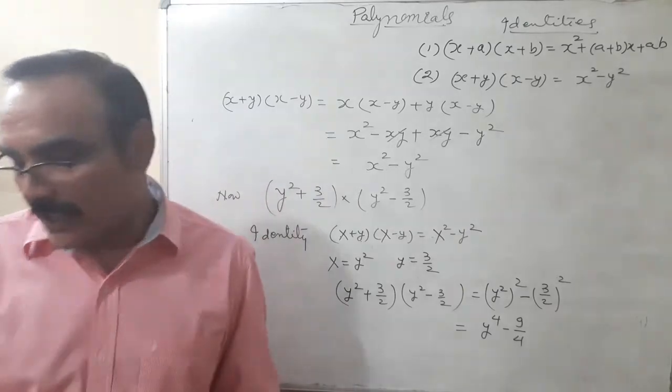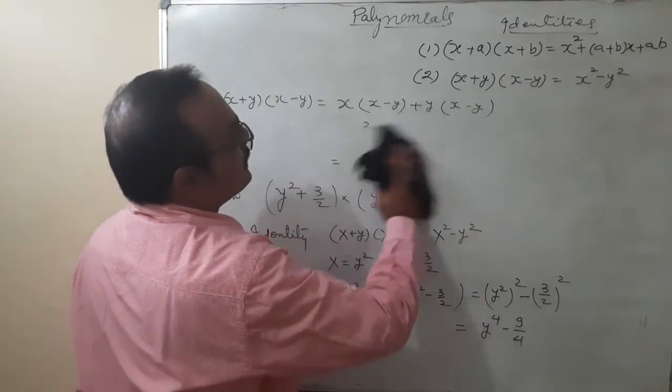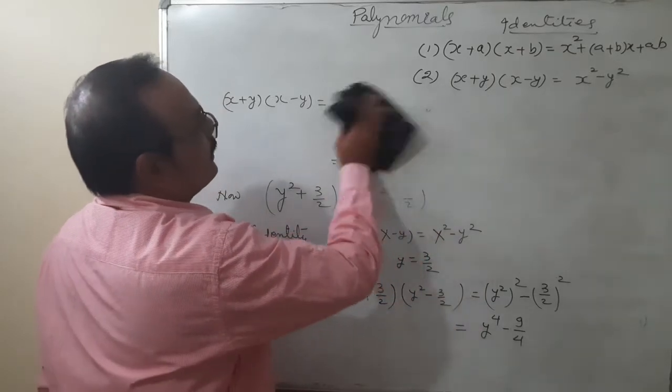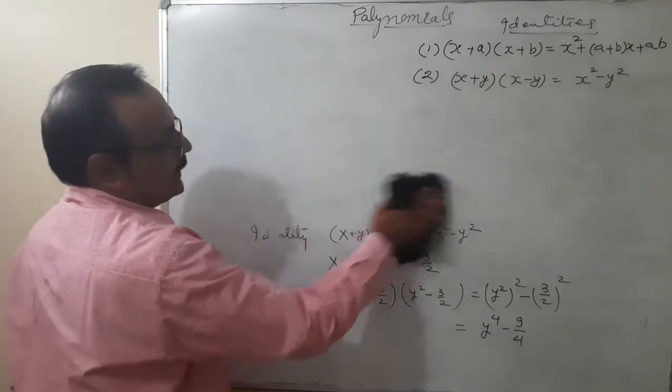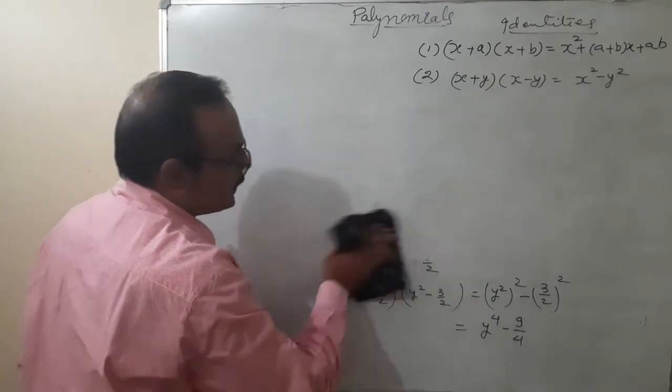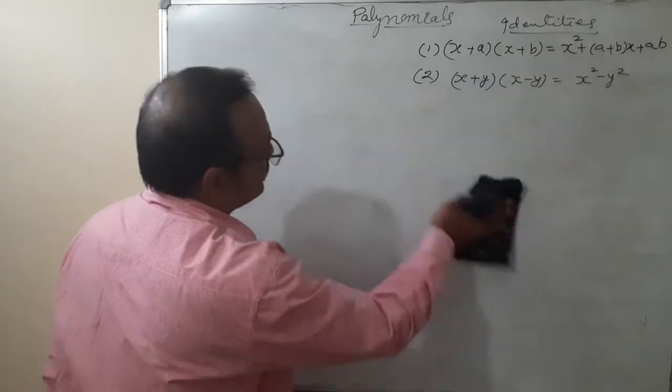Now the third identity I am writing, it's a well known identity, you are aware of that. It is (x plus y) whole square, which is equal to x square plus 2xy plus y square.